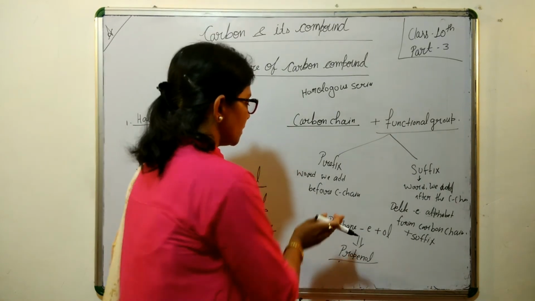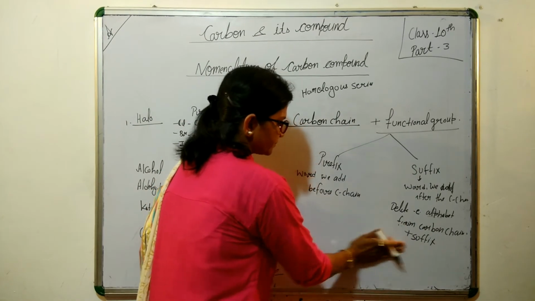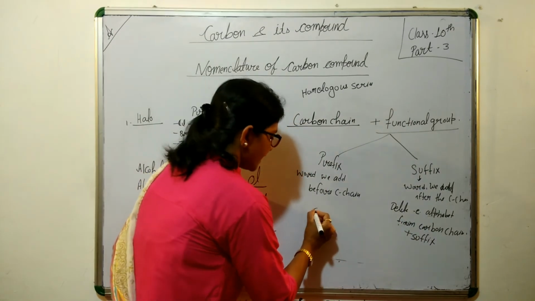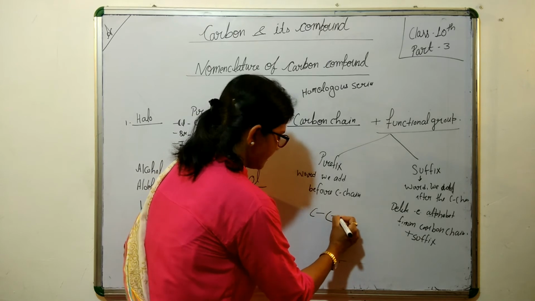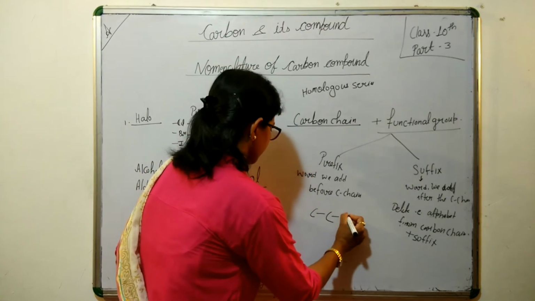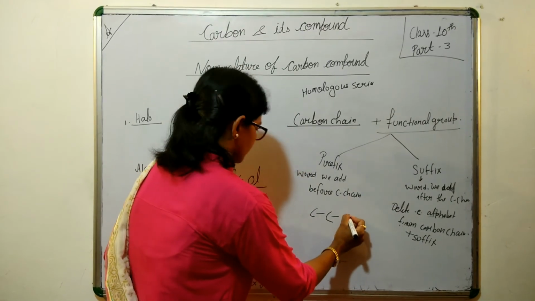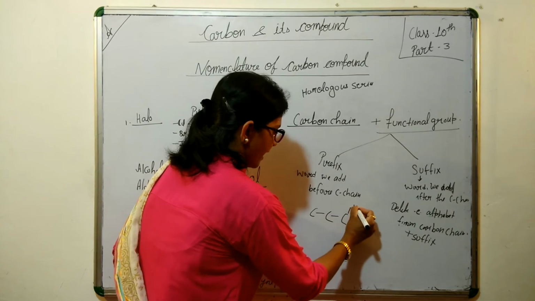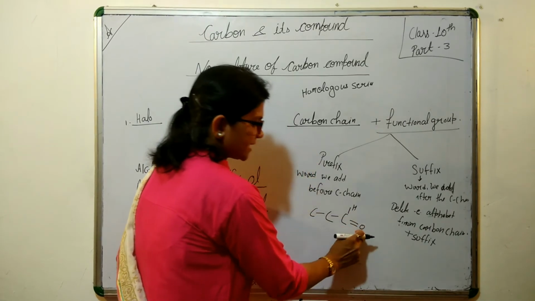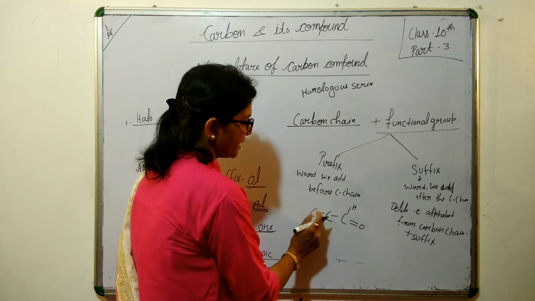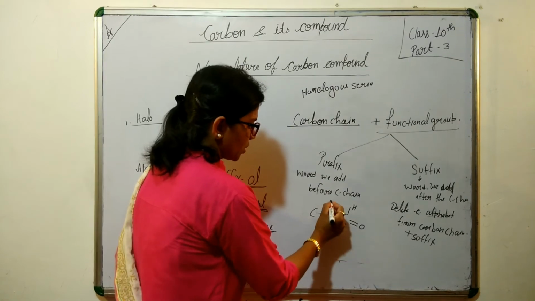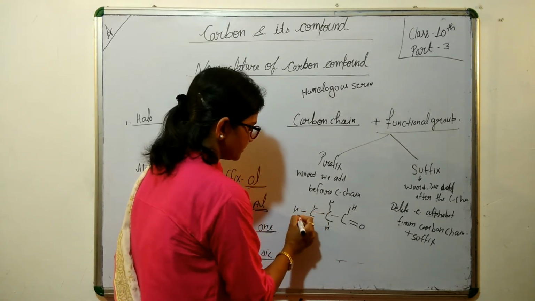Okay, so let's see one example. Suppose it is C and I am adding CHO. You can see it is an aldehyde group. Let's complete the whole valency. Here it will be 3.